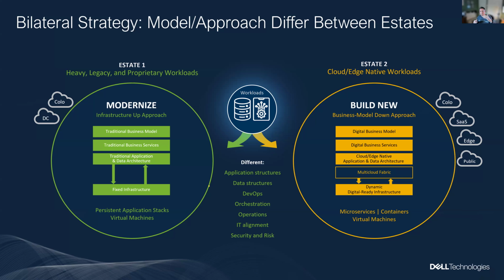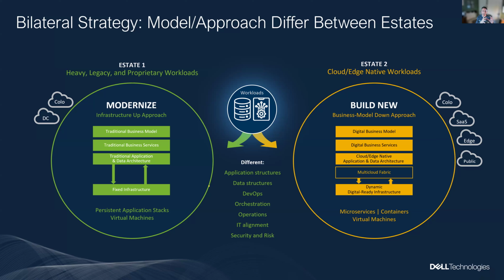So when we break down estate number one, it's based on traditional business models, traditional business services, right? It's fixed infrastructure for the most part. We'll spin up a project, then through that project, we'll procure hardware, we'll procure an environment, we'll use shared services such as Active Directory, maybe LDAP, some other services that are out there.